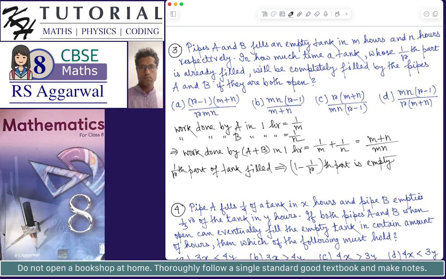Now this 1 minus 1 by r is r minus 1 by r. Now we know that the work done by A plus B in 1 hour is m plus n divided by mn, and we need to find how much time it will take A plus B to fill the r minus 1 by r part of the tank.